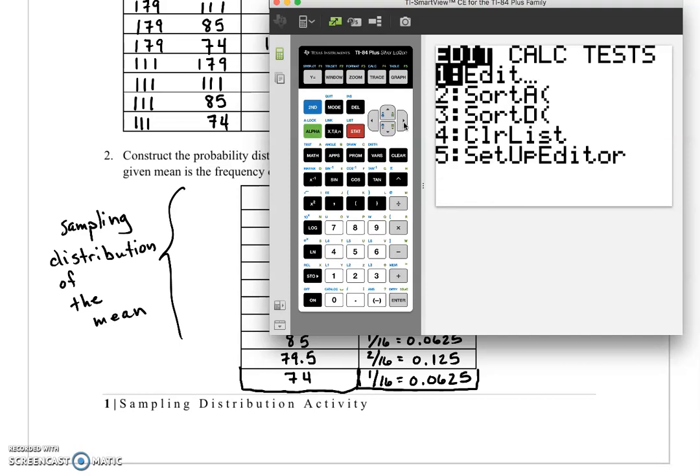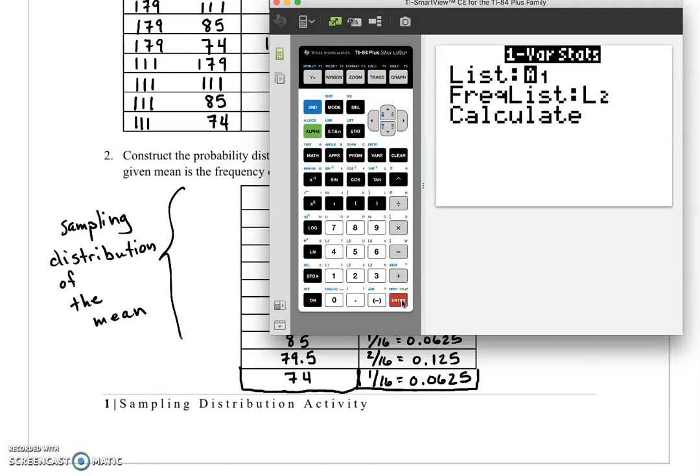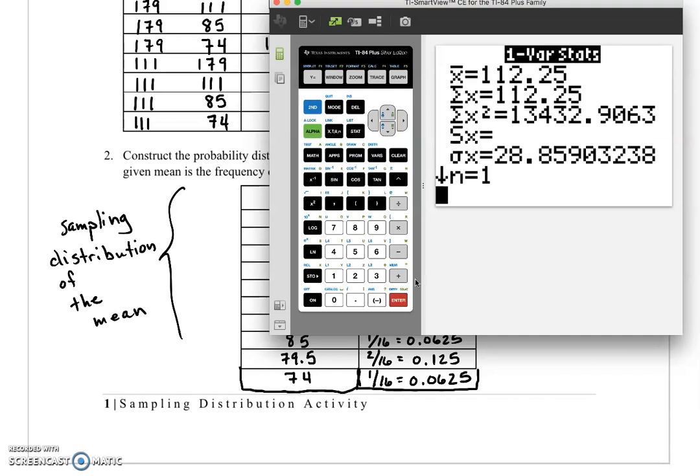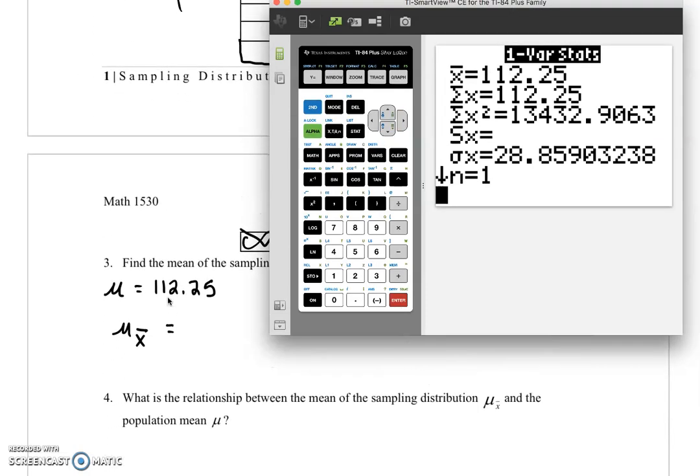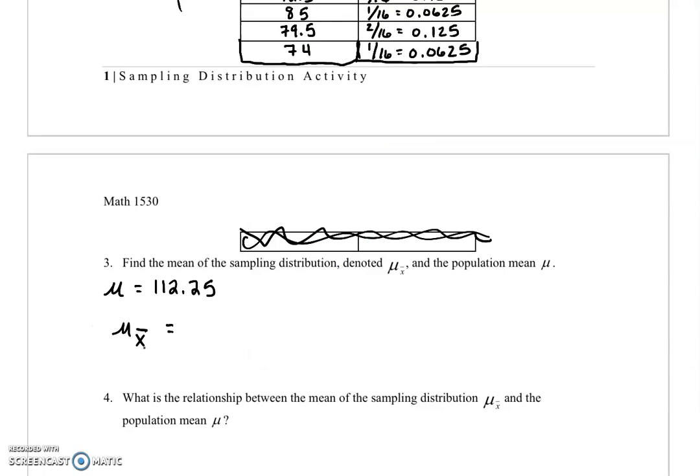Now, let's try this again. There we go. So for our mean of the sampling distribution of the mean, we got 112.25.